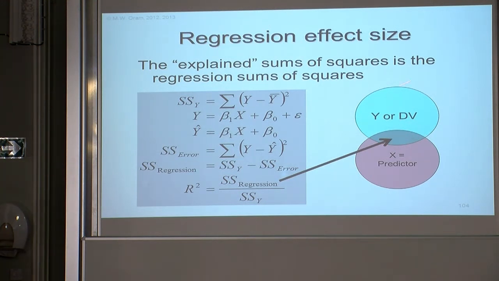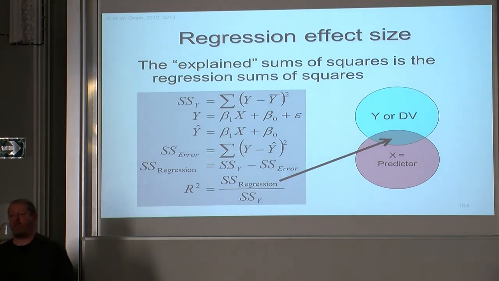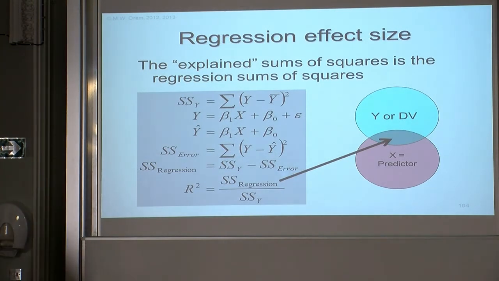So how much of the variability in y have we explained using the predictor? You should hopefully be remembering that this is incredibly similar to the Venn diagrams that were up for ANOVA, because it is exactly the same idea. How much of the variability in our dependent variable y can we explain using our predictor, using this other variable?